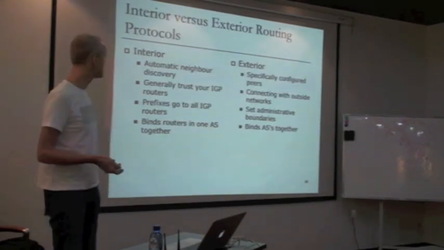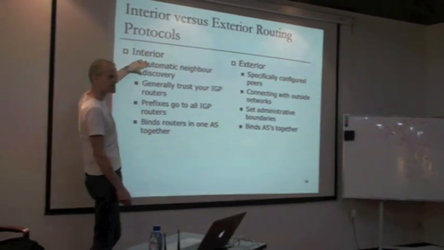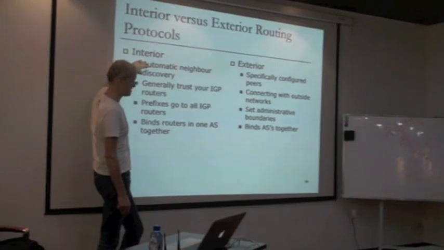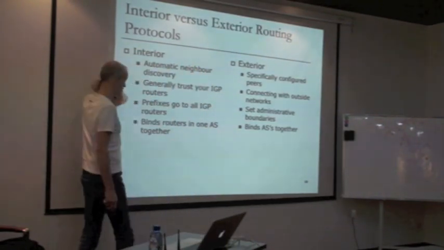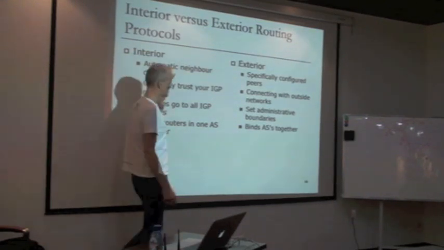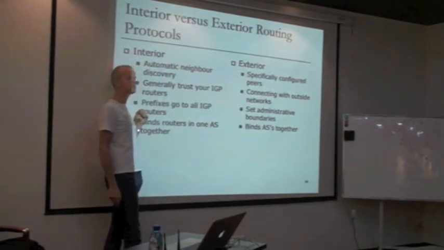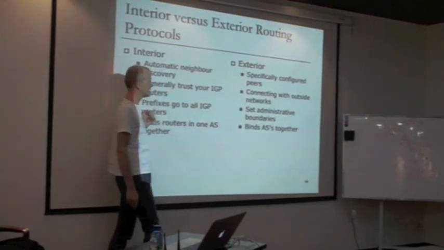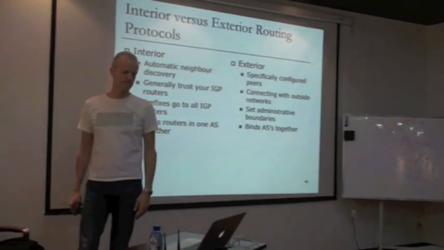As I showed you on Monday, comparing the two: automatic neighbor discovery for ISIS, specifically configured peers for BGP. You can trust your IGP routers, but here you're connecting outside the network. Prefixes go to all IGP routers, whereas with BGP, we set administrative boundaries.